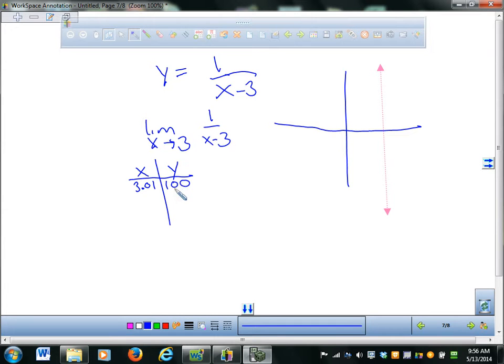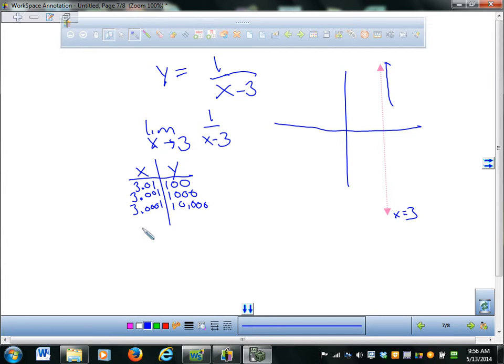Isn't it? 1 divided by 0.01? Okay? If I plug in a number even closer to 3, so this is x equals 3 over here, like 3.001, what do I get out? 1,000. Okay? If I plug in a number even closer to 3, like 3.0001, I get out 10,000. Okay? So what's happening is as I get close to 3, this thing is going up like that.